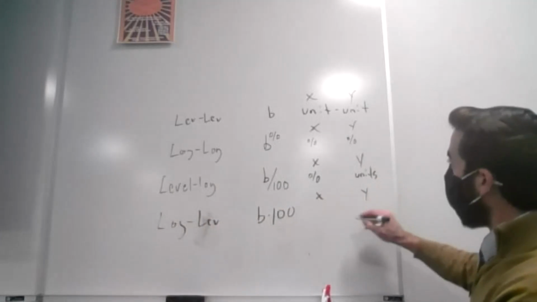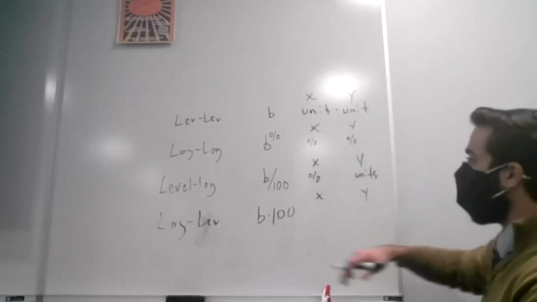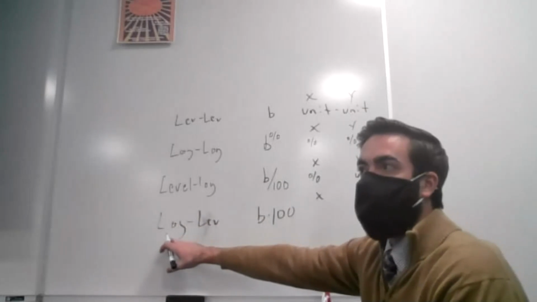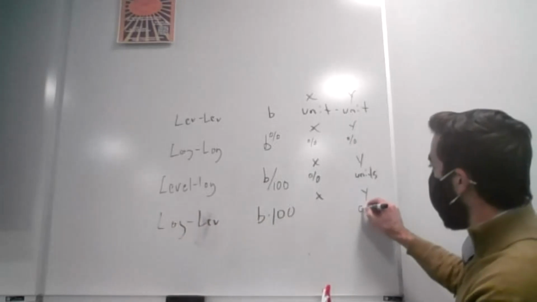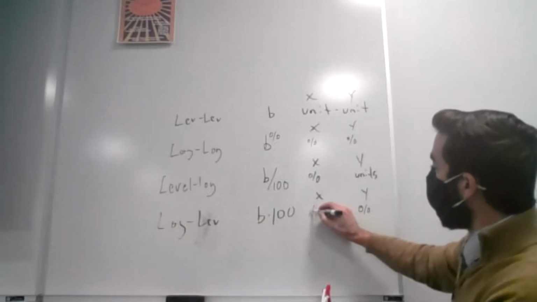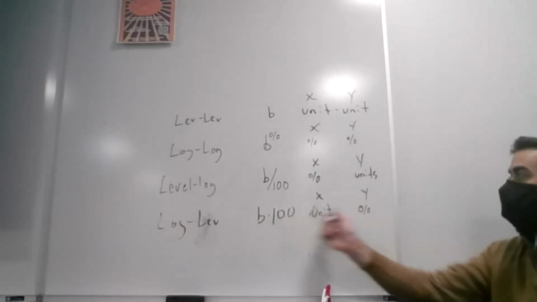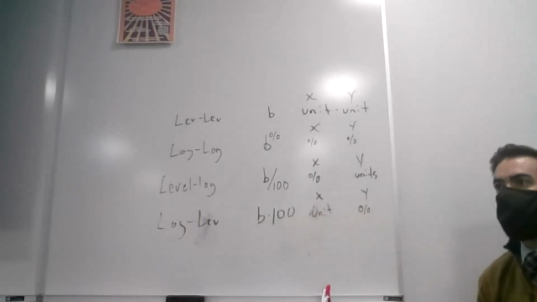I probably shouldn't have written X and Y here every single time, but if you want to leave those off, you could. Now my Y variable I took the log of, so a 1 unit change in my X variable causes B times 100% change in my Y variable.